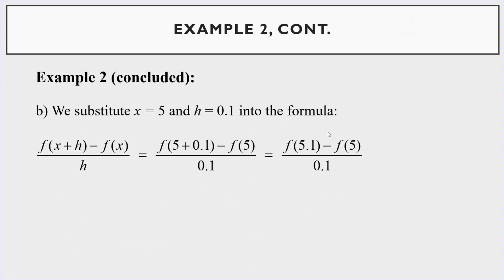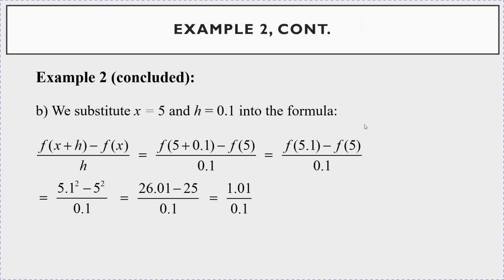When you substitute this in, it's the same thing. The math is just a little bit harder, and you would probably need a calculator for this one. You can see the average rate of change here is equal to 10.1. So notice it's not a constant rate of change, depending on what your delta x is.